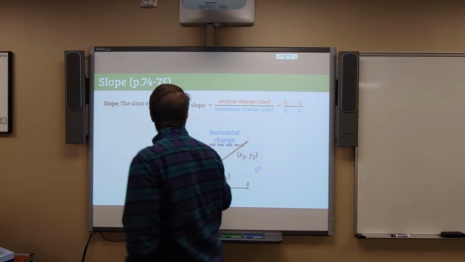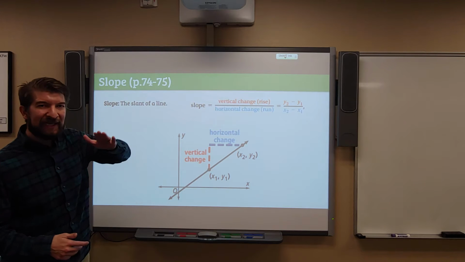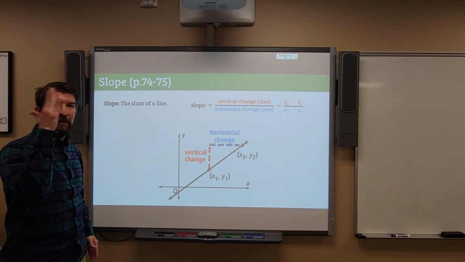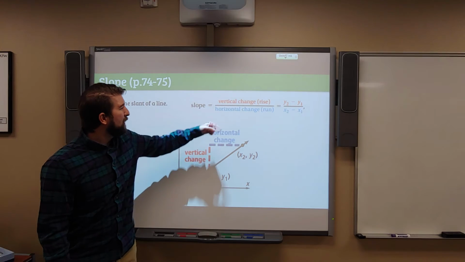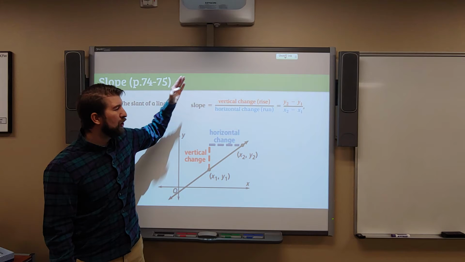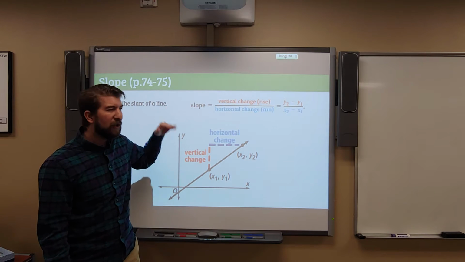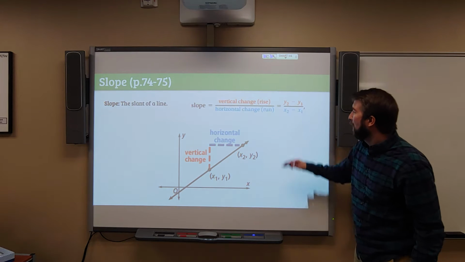So slope, what is slope? You've heard this before, but slope is slant. How a line slants, okay? Slope is represented as rise over run, or vertical change over horizontal change, rise over run. The formula for slope is this right here.